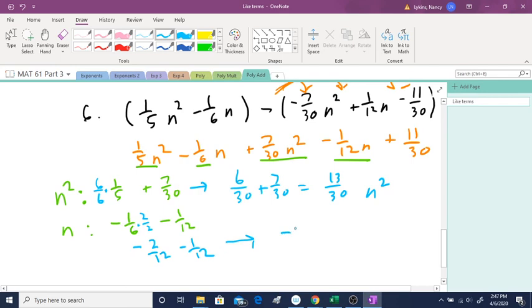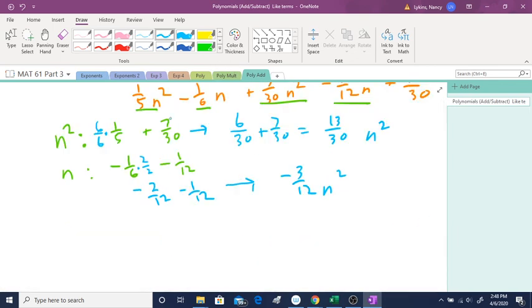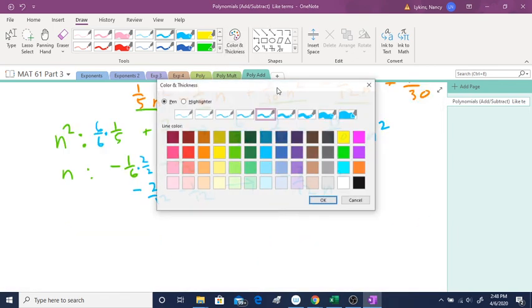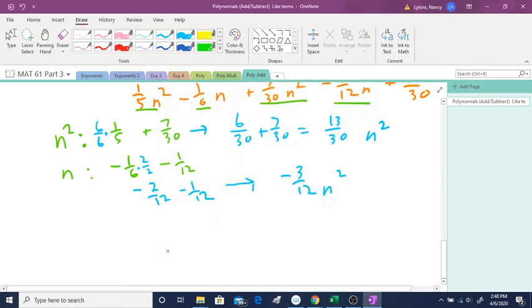And this comes out to be negative 3/12 n. And finally, I just have my 11/30.